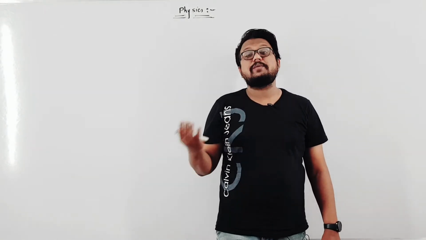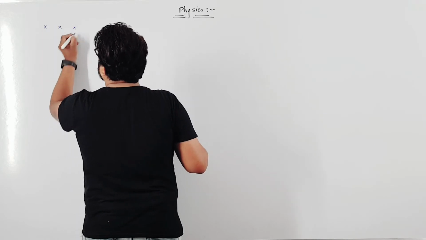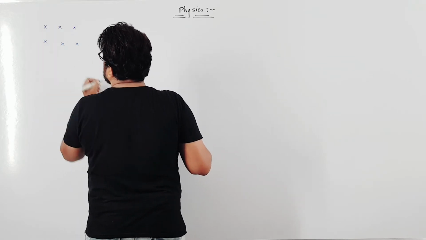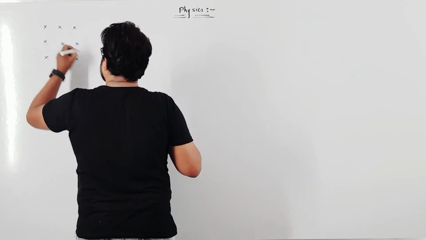Now in the last video lecture we discussed that when a charged particle moves in a uniform magnetic field perpendicular to it, then it will always follow a circular path, right? Suppose the magnetic field is perpendicular to the plane of the board and entering inside, and we have a positive charged particle moving in this uniform magnetic field.